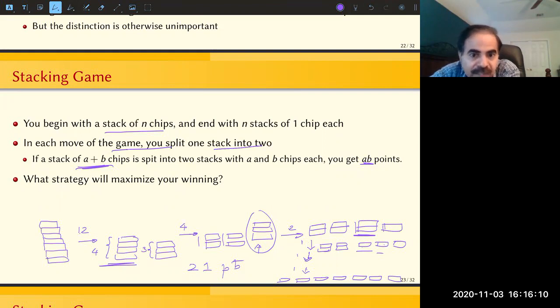If I divide it into n by 2 and n by 2, then I'll get n squared by 4, right? Which certainly seems like more points. And that's where you're coming from, right? Good. Anybody else has any other strategies?